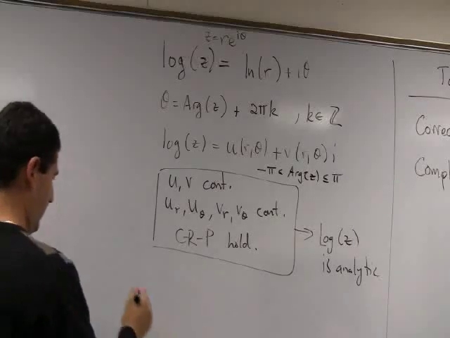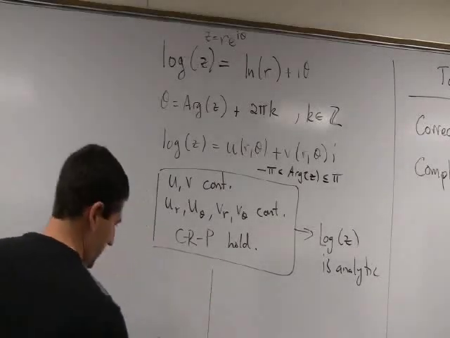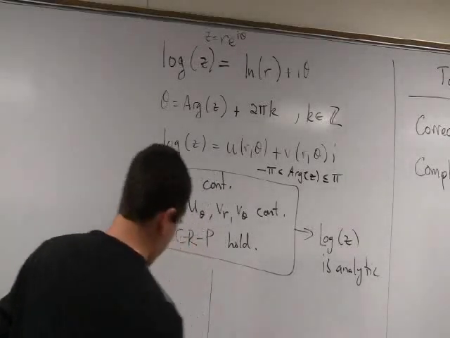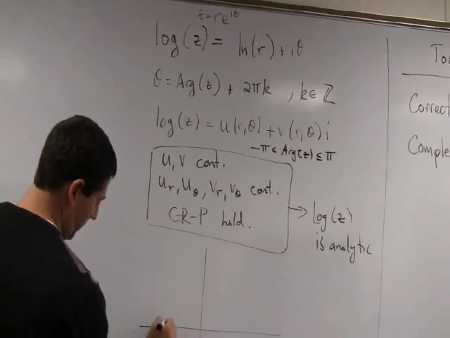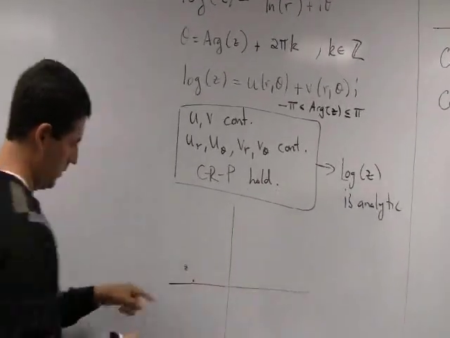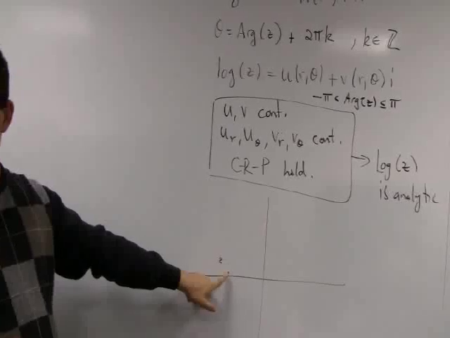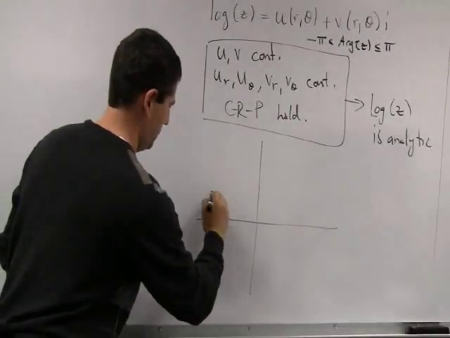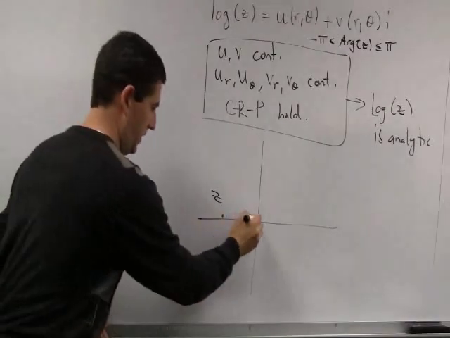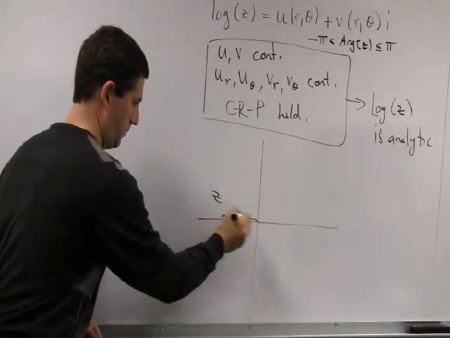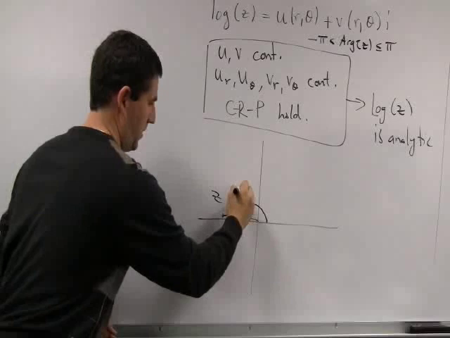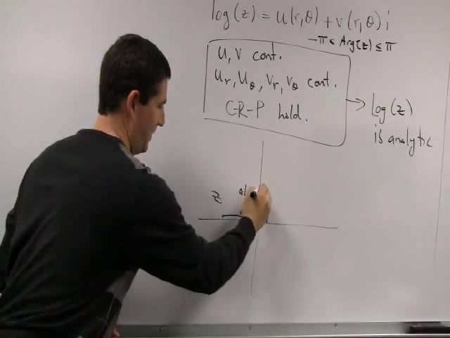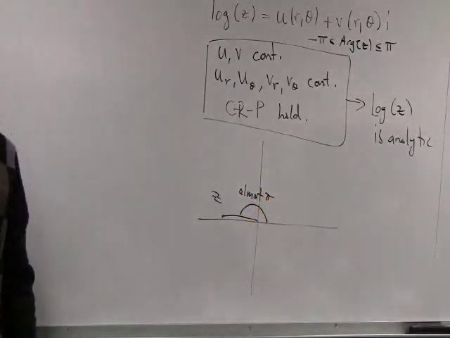And so what happens if we graph things? Well, if I choose a z over here, what's the argument for z here? Well, it's almost pi. Yeah, something almost pi.